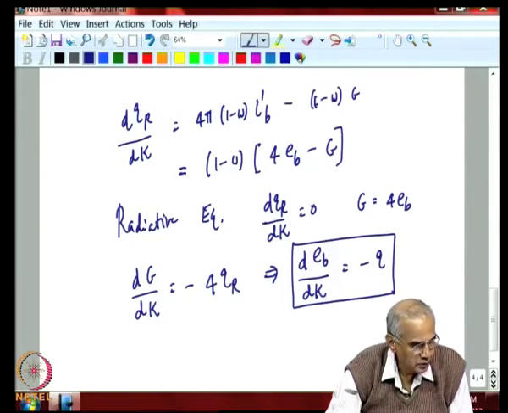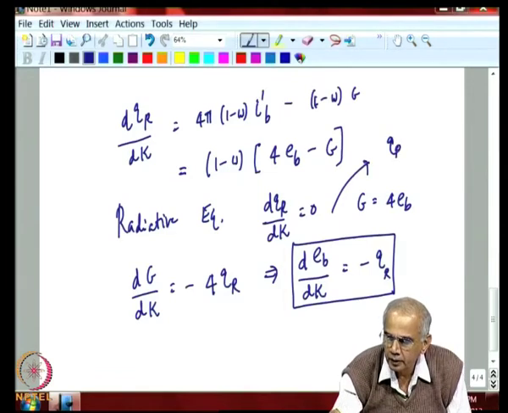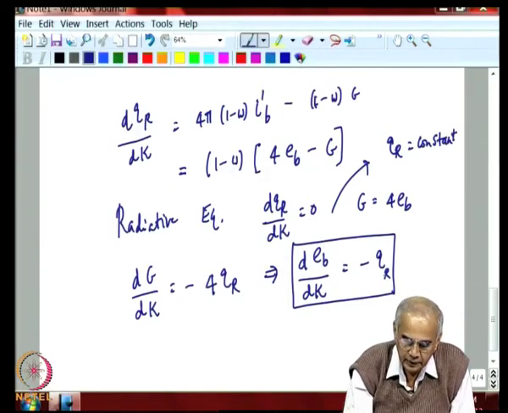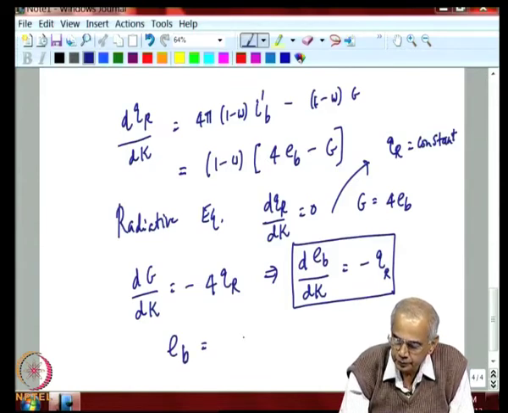Now, this result is very important because under radiative equilibrium, notice that Q r is a constant. If this is a constant, we can integrate this equation to write E b is equal to minus Q r kappa plus a constant.